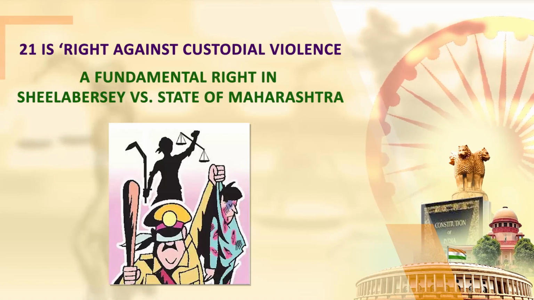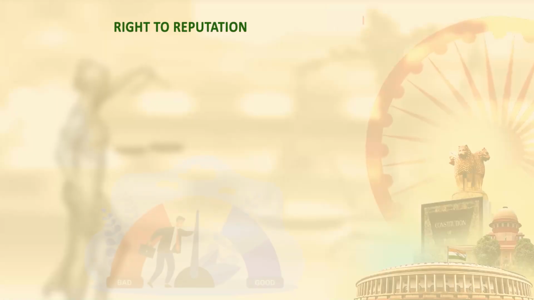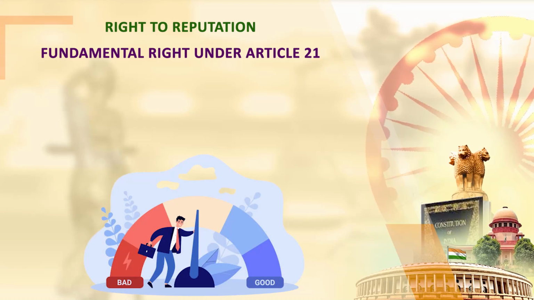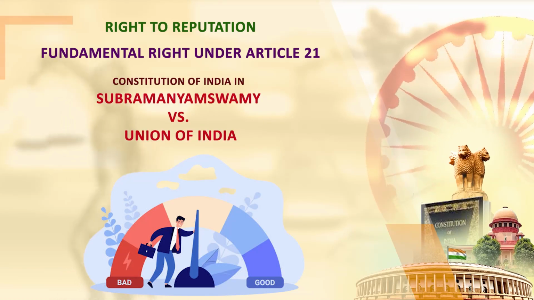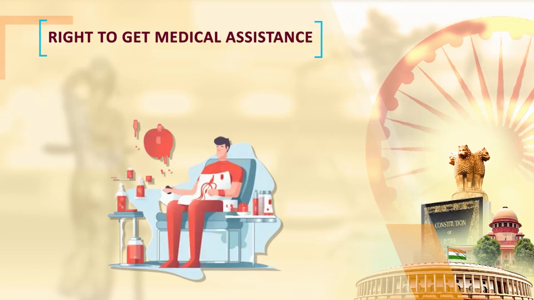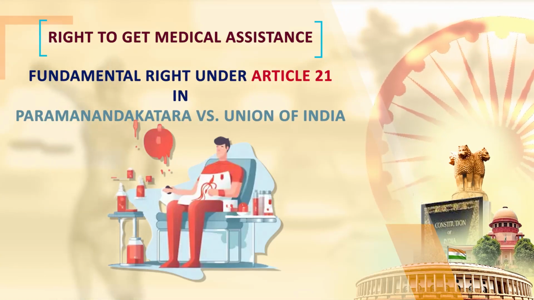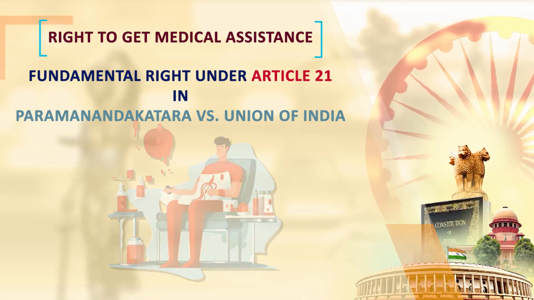It is declared as a fundamental right in Sheela Barse versus State of Maharashtra. In that way, we have the right to reputation as a fundamental right under Article 21 in Subramanian Swamy versus Union of India. We have the right to get medical assistance as a fundamental right under Article 21 in Parmanand Katara versus Union of India.